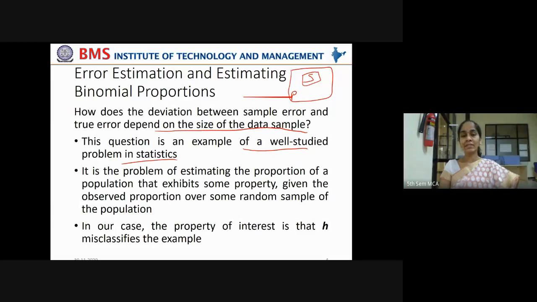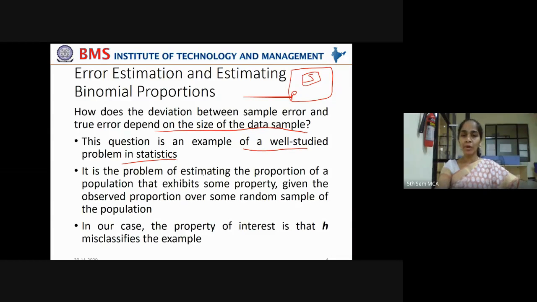In that case, we say that there is less deviation between the sample error and the true error, that is the error related to the population. That is the error related to the unseen data or new data instances given to the machine learning model. Okay, so this is the question of interest and it is well studied in this area of statistics.